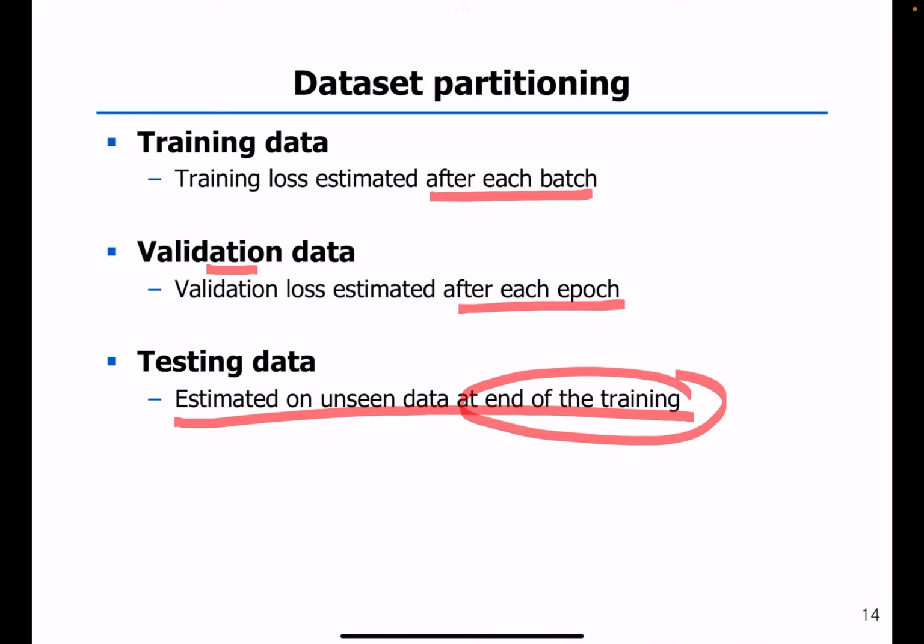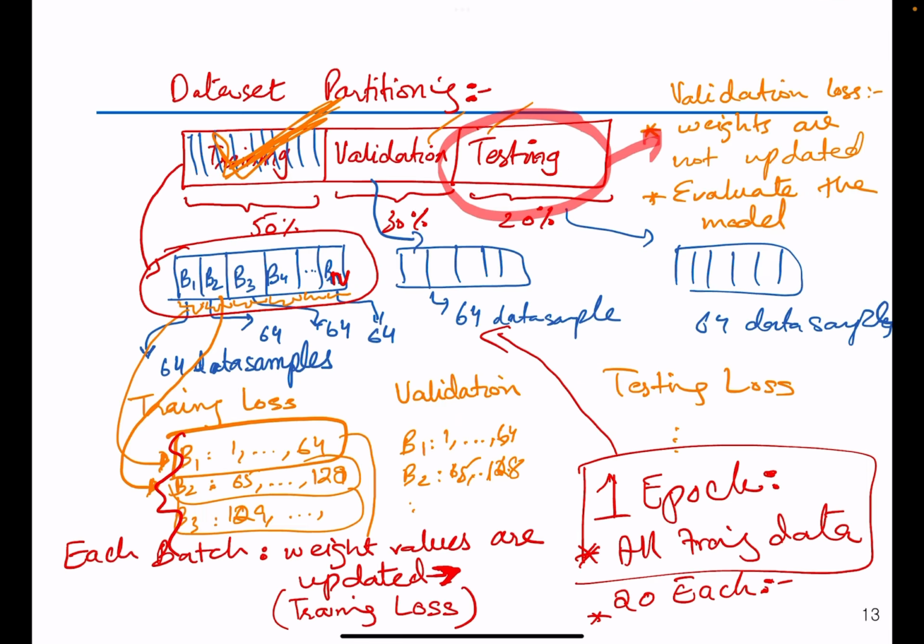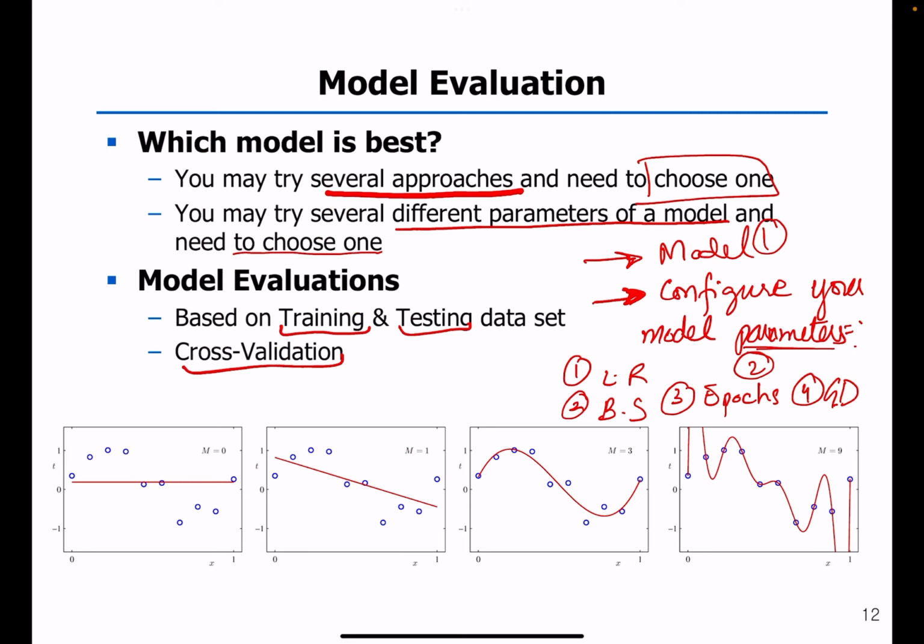So this is the concept of training loss, validation loss, and testing loss, and how we are going to partition our data. We can evaluate and train our model on the training data and then test our model.